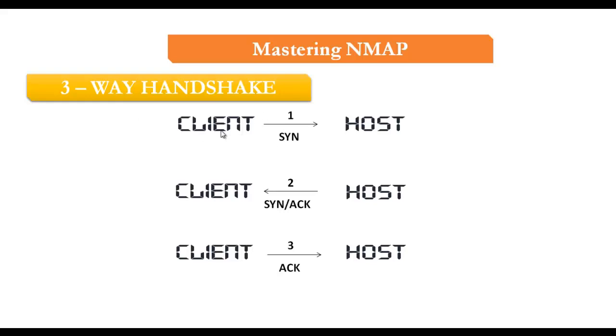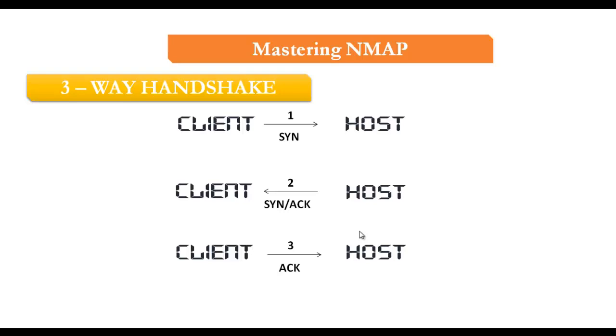To establish the connection, first the client sends a SYN packet to the host, and the host replies with a SYN-ACK packet. The third step is the client replying back to the host by sending an ACK packet. Once these three packets are exchanged, a TCP connection is established, and this is called the three-way handshake.